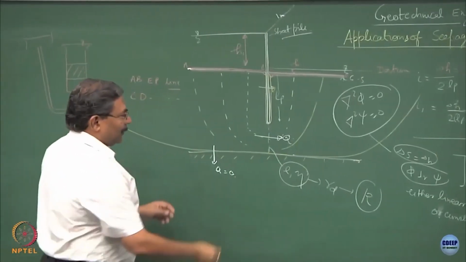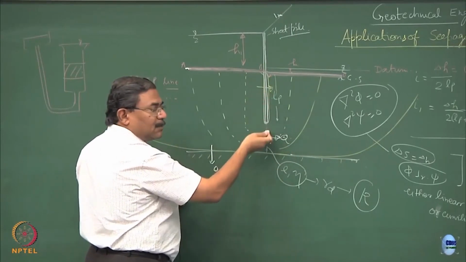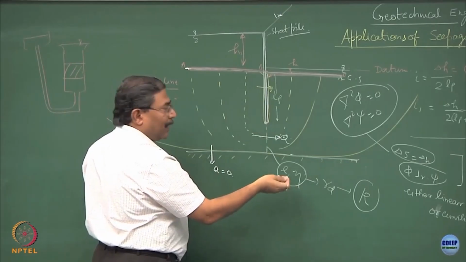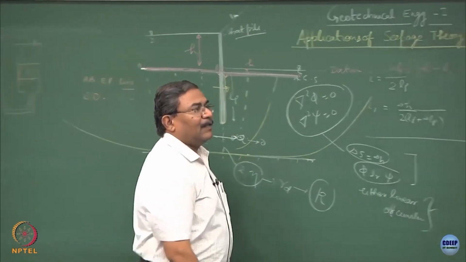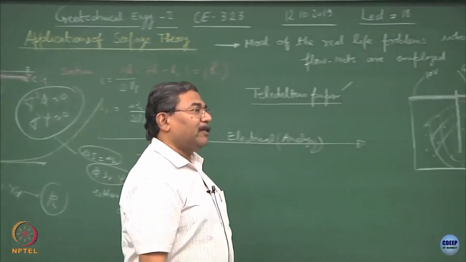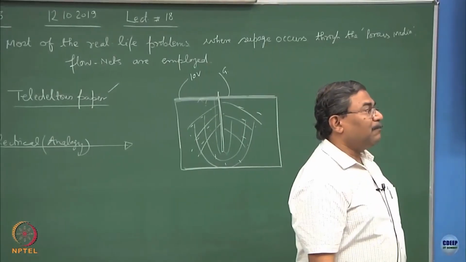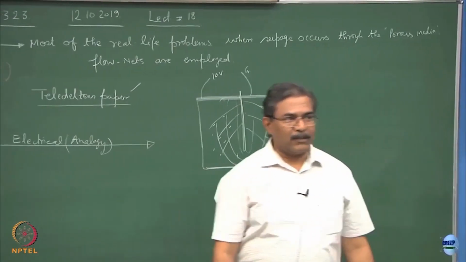So, what should I be doing? I should be computing Q for different lengths of the sheet piles, try to minimize it and achieve a situation where Q tends to 0. I have created a very pervious system, engineering wise impervious, through which nothing discharges. What else you wanted?